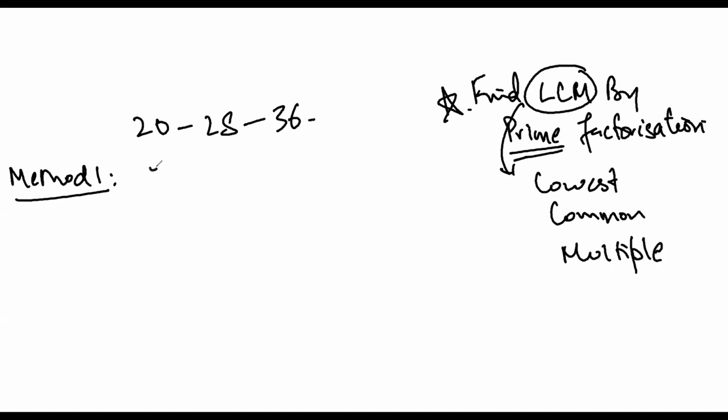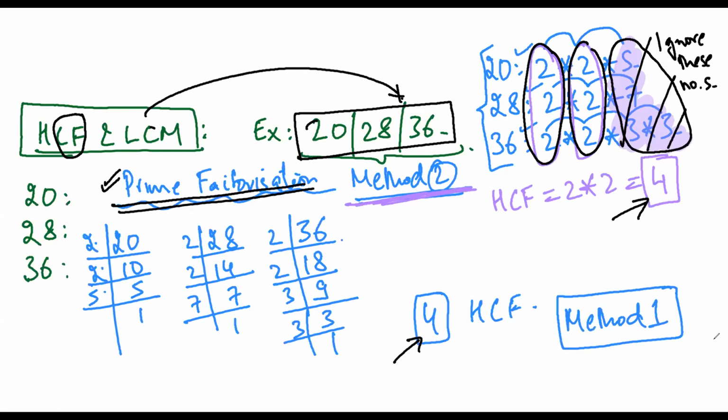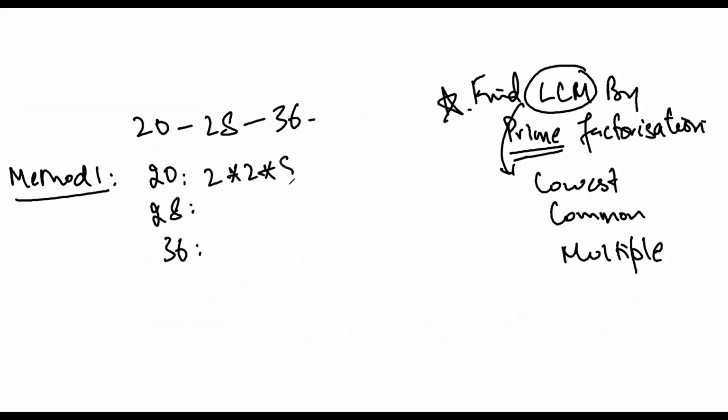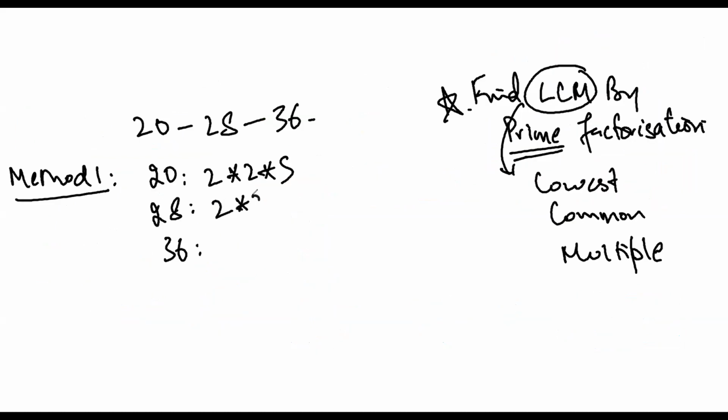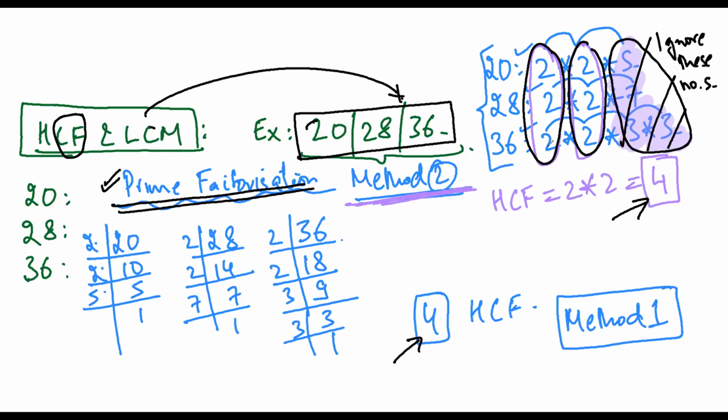So, I wrote 20, 28, 36. 20 I wrote as 2 into 2 into 5. 28 I wrote as 2 into 2 into 7. 36 I wrote as 2 into 2 into 3 into 3.